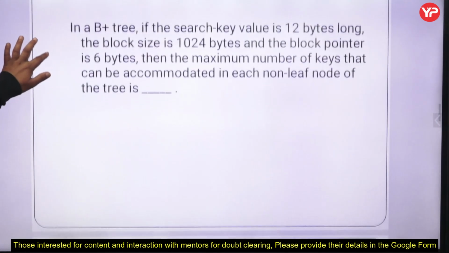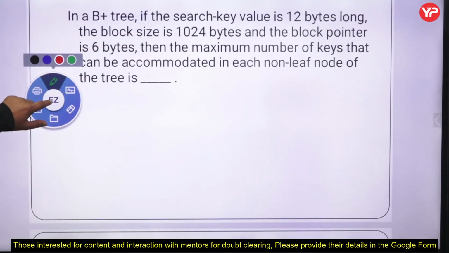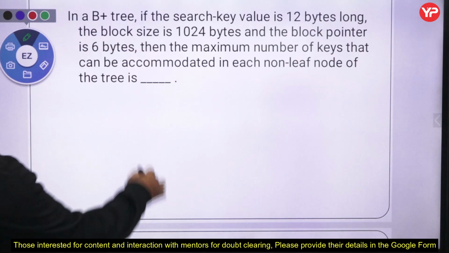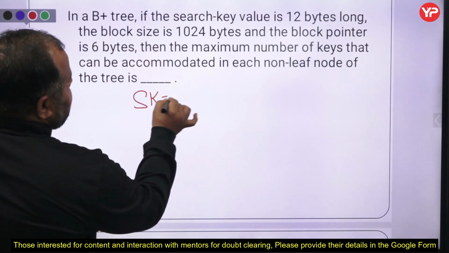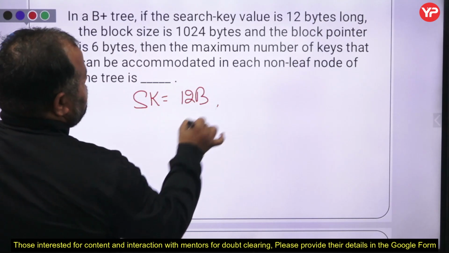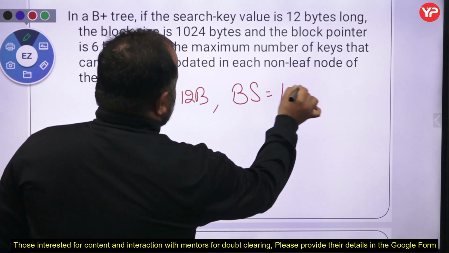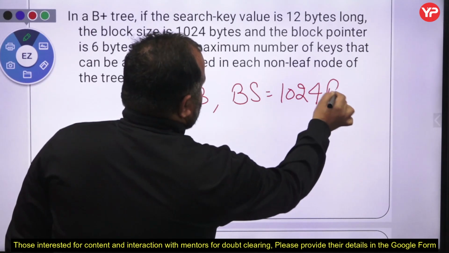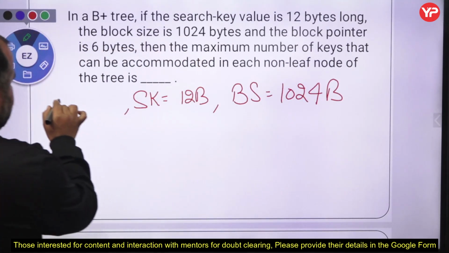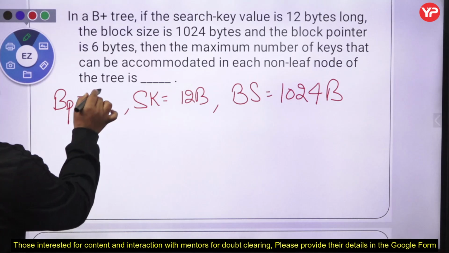The next one: suppose in a B plus tree, the search key size is given as 12 byte, the block size is 1024 byte, and the block pointer is 6 byte.